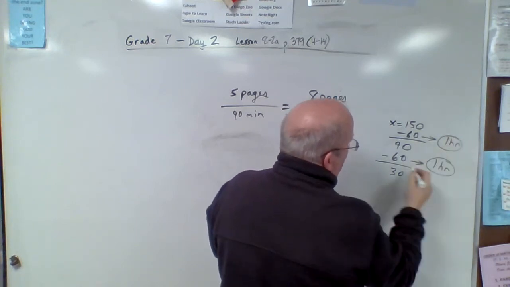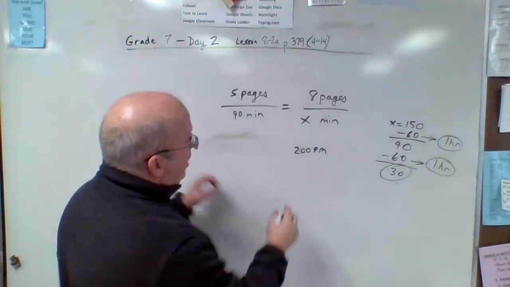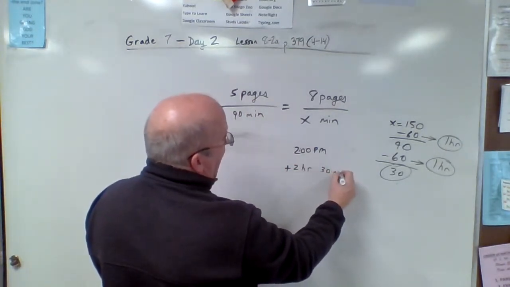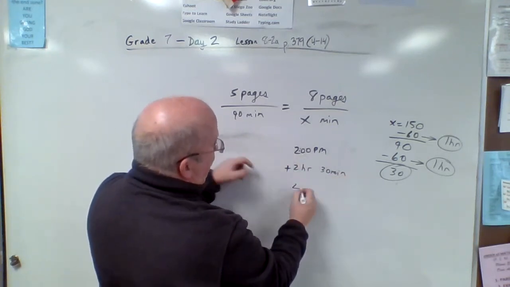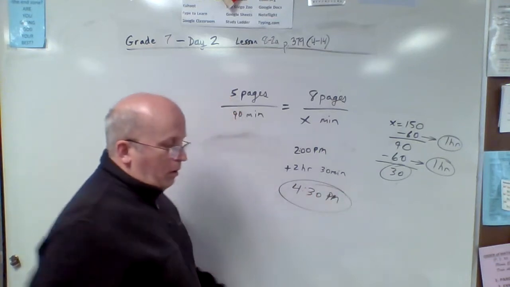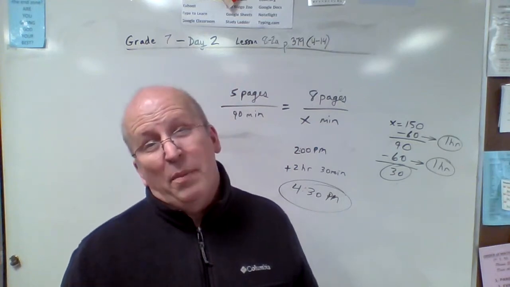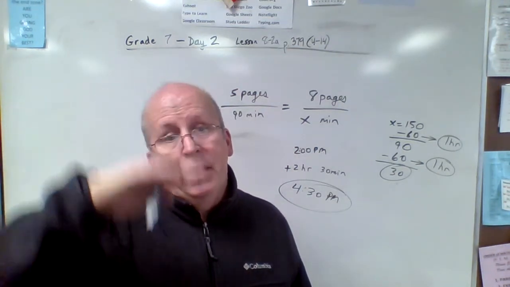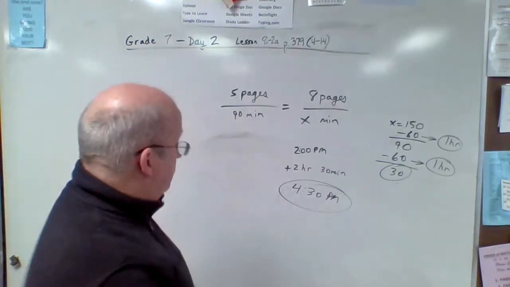Now, if I take those 2 hours and 30 minutes and add them to the time we're already at here, that would take me to 4:30 p.m. That's the kind of work you need to do here. I'll give you a clue about the answer. The answer is somewhere between 4 p.m. and 4:30 p.m. Somewhere between 4 and 4:30.